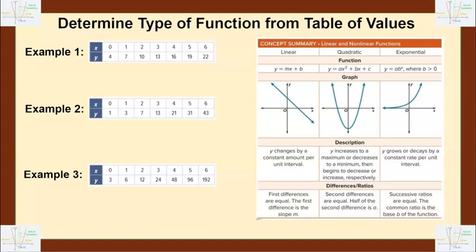So y grows or decays by a constant rate per unit interval, and to find out if it's exponential, it's going to have a common ratio. To find the common ratio, you take one y value divided by the previous y value. And that common ratio is going to be the base of the function.